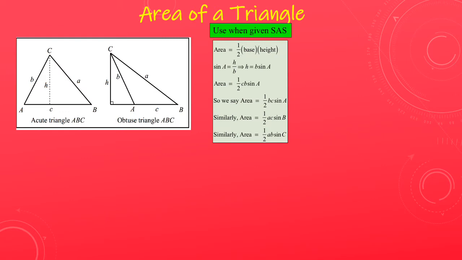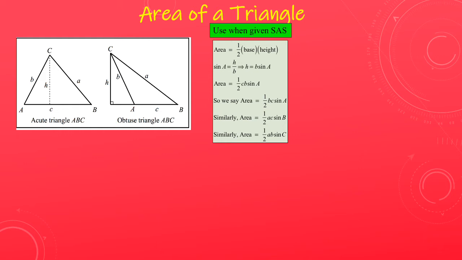Now that we can solve any triangle that is solvable, we now turn to finding the area of such a triangle. We start with either acute triangle ABC or obtuse triangle ABC. And if we know an angle, it is easier to use this first formula. We start out with the area is equal to 1/2 base times height.